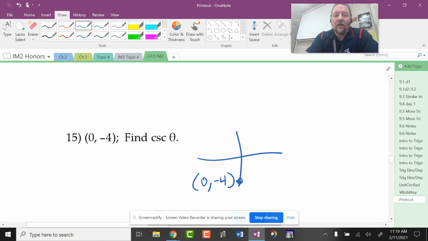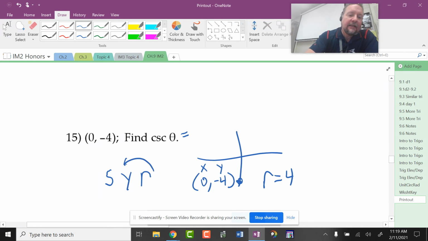Boom. R is 4. So actually, no Pythagorean theorem needed on this either. Cosecant is the flip of sine. So R over Y is 4 over -4, which is -1. There, I fit it all in.